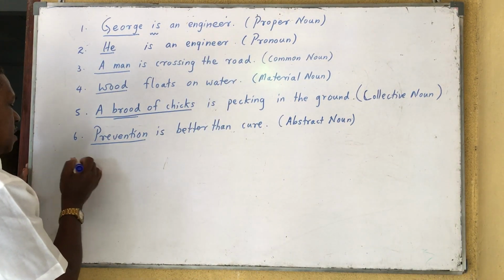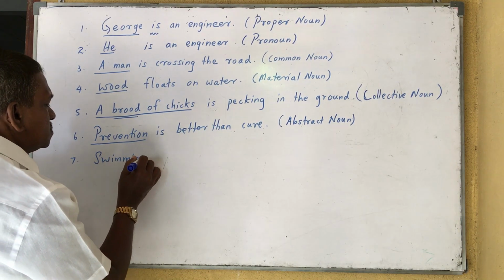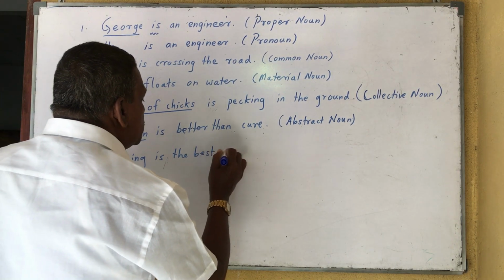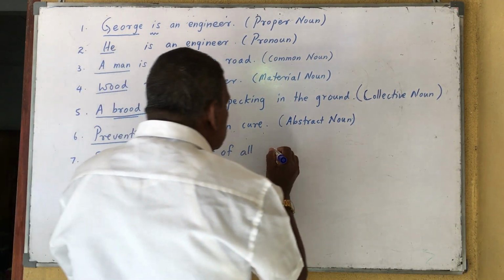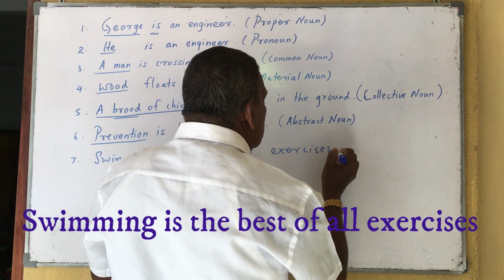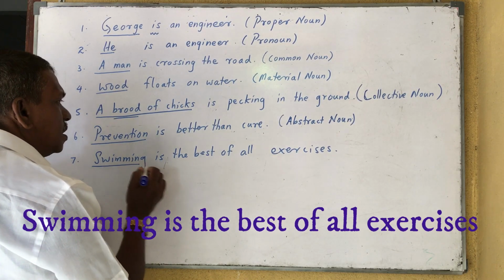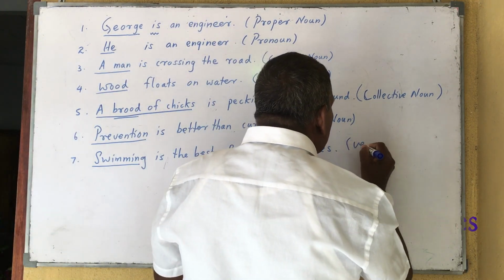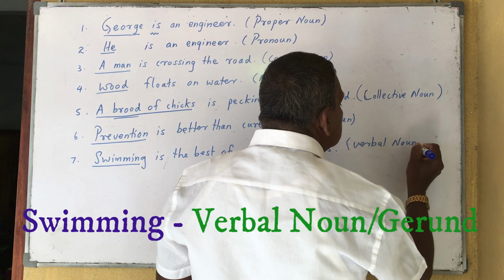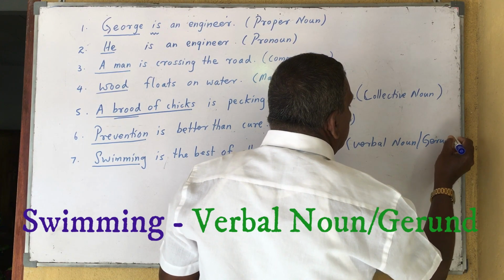Then number 7, swimming is the best of all exercises. Now here subject is swimming. It is a verbal noun. Verbal noun means a verb works as a noun, or you can say gerund.